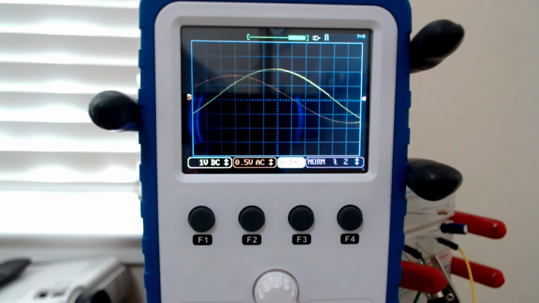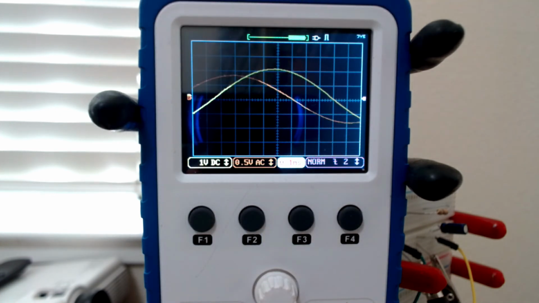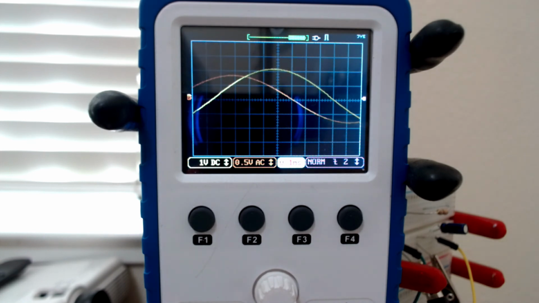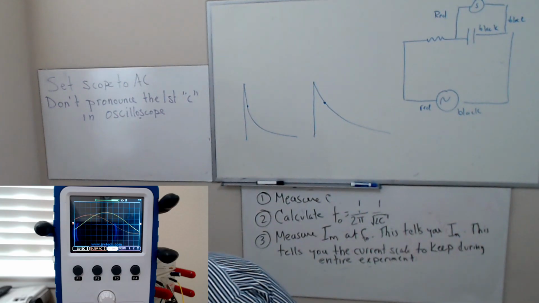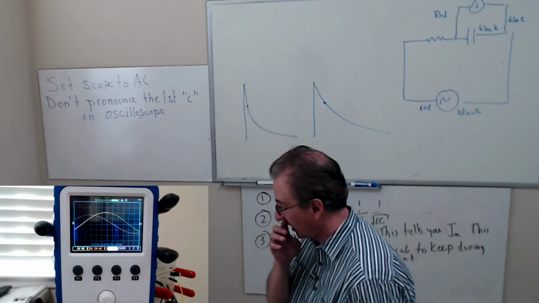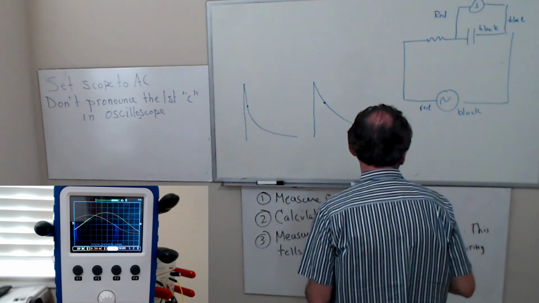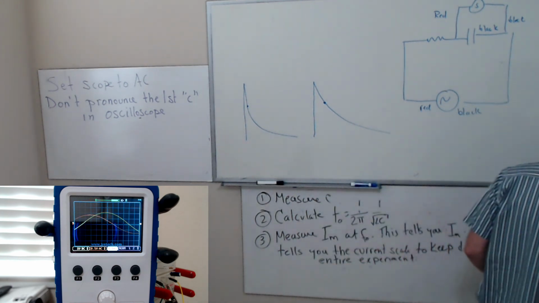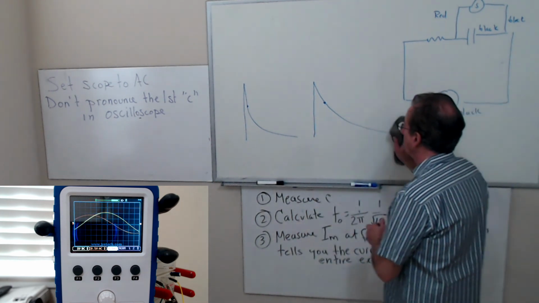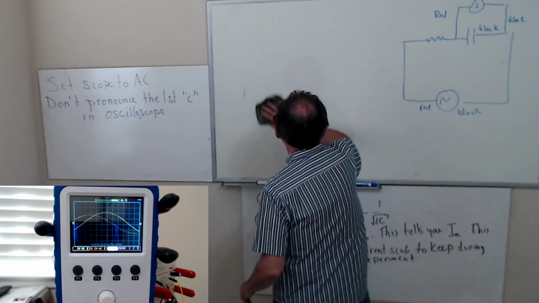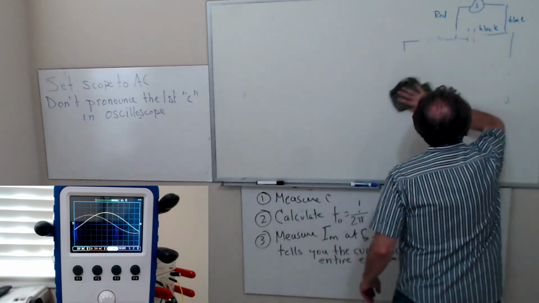So what we're going to do in our last lab is analyze the circuit. And there's quite a bit of analysis you have to do, and there's quite a bit of data taking you have to do. And there's some planning you have to do this lab. Okay? There is some planning you're going to have to do. So let me draw the circuit. And we'll talk about it.